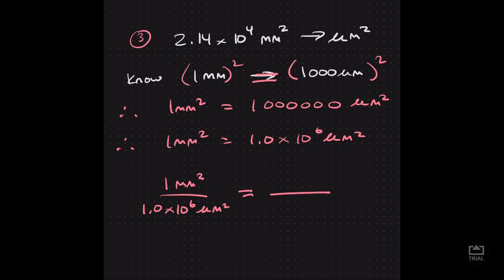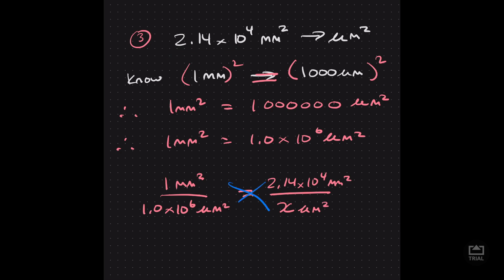We're going to make that equal to another fraction with the same units in the same position because it's equal. And what do I know? I know millimeters squared was 2.14 times 10 to the 4 millimeters squared, and I'm trying to find out how many, so x micrometers squared that'll be.